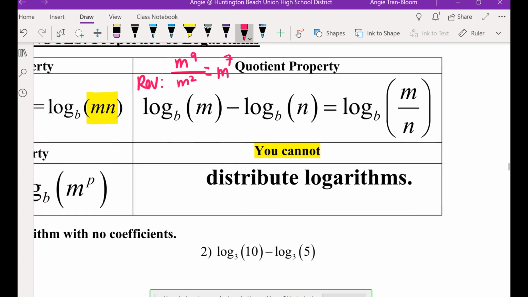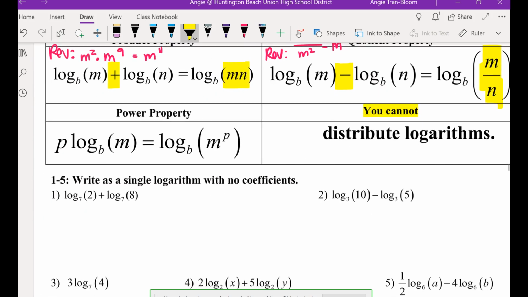Since log is the inverse of exponential, if you see a subtraction in log and the bases are identical, we can rewrite it as a division of log.